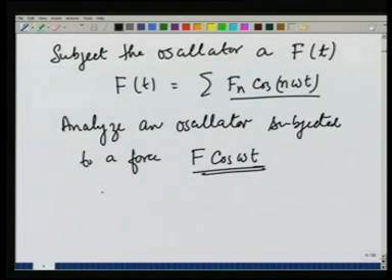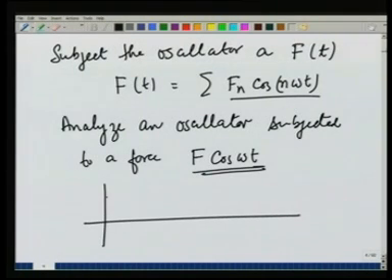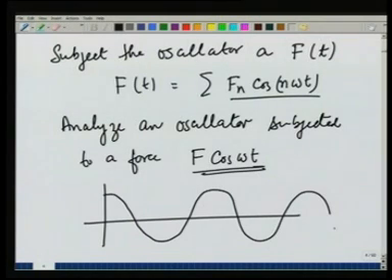So, I am subjecting the oscillator to a force which varies like this with time. If I know the response of the system to F cosine omega t, in general for any periodic force, I can find the response by superposing the solutions for each of these omega. In fact, I will assign you a problem later for two such forces being applied.